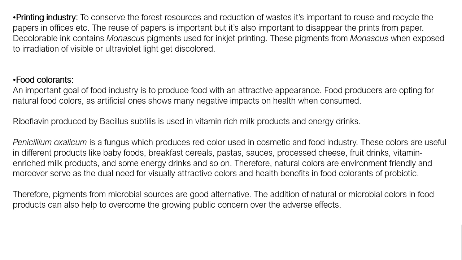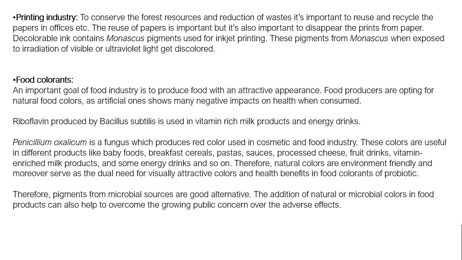Next is food colorants. An important goal of the food industry is to produce food with an attractive appearance. So food producers are opting for natural food colors as artificial ones show many negative impacts on health. An example is riboflavin, which is produced by Bacillus cereus and is used in vitamin rich milk products and energy drinks.